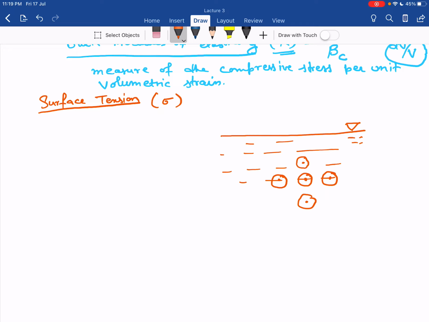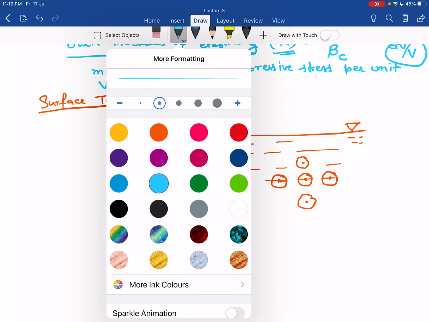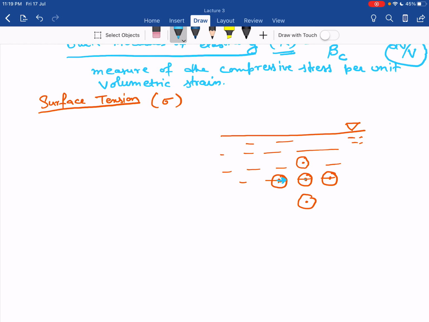So in between these molecules there is a force of attraction that we call cohesive force. So you can see between these two molecules there is a force of attraction. This molecule also has a force of attraction with this molecule, and similarly on this side.